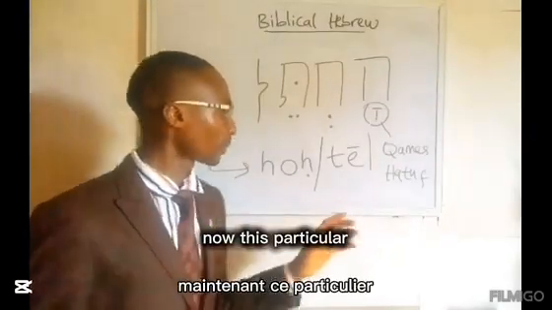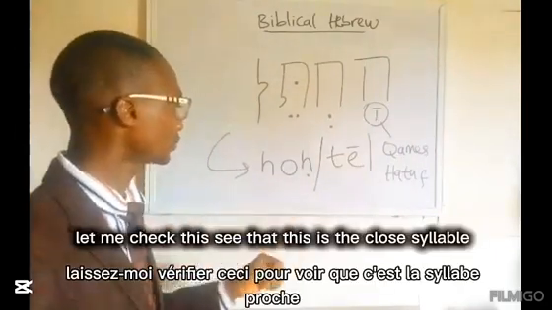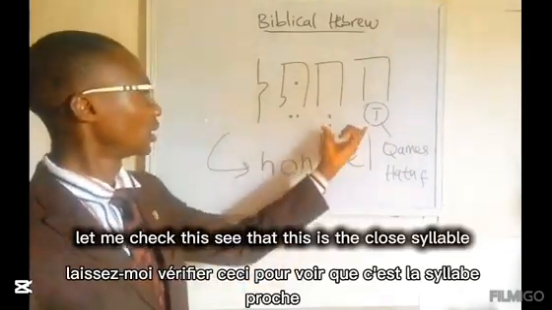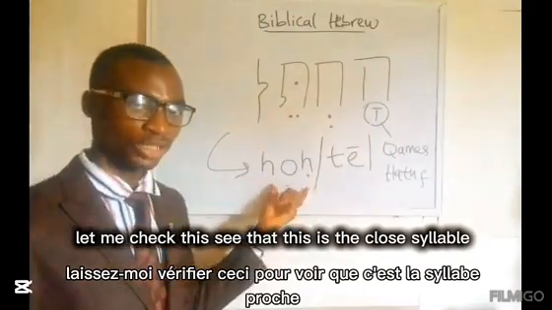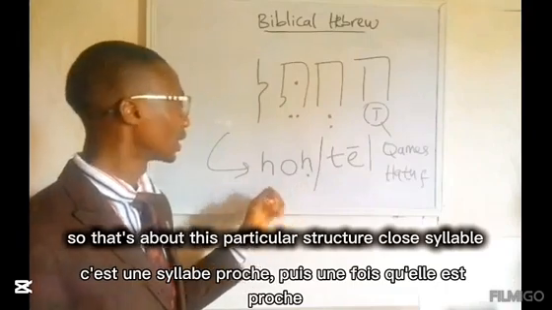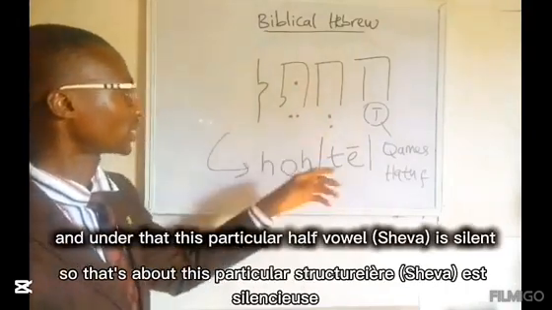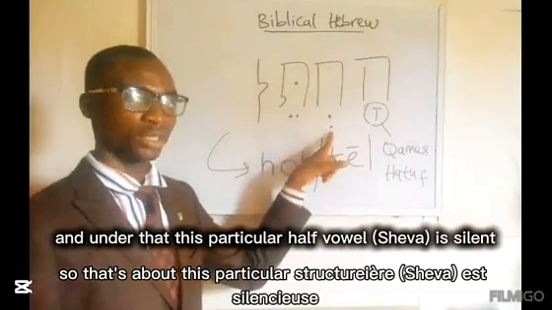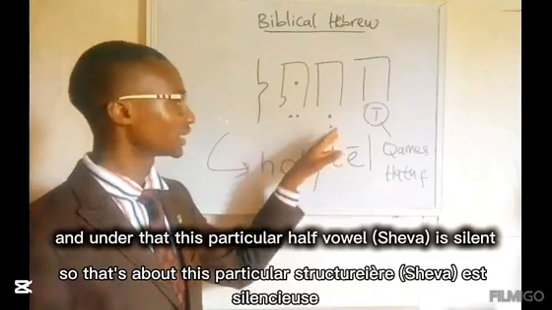Now this particular, so let's check this. This is a closed syllable, and under that, this half vowel, that's a sheva, is silent.